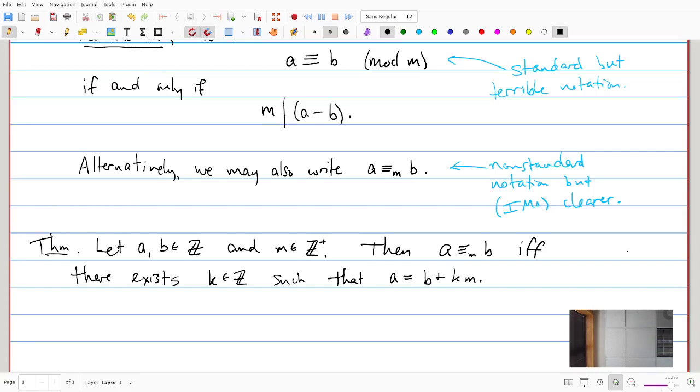Right, so this means their difference is a multiple of M.